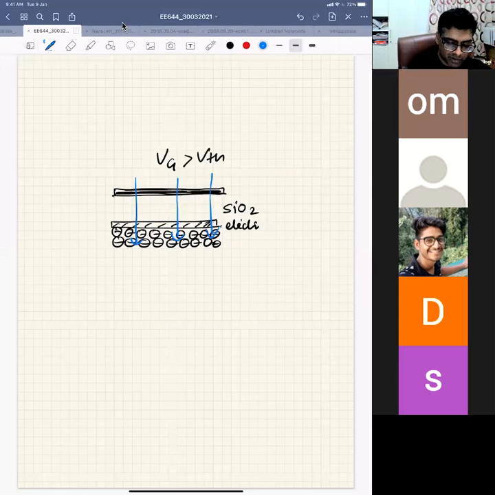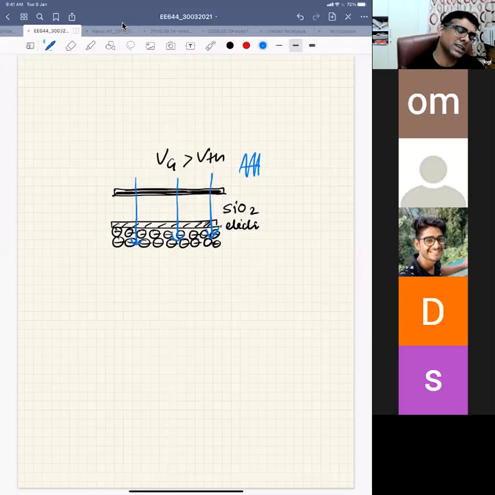Because if you are perturbing VG, your electric field magnitude also increases or decreases, but it will still be positive. But in accumulation case, your electric field is in the opposite direction, so it is negative. That magnitude will increase or decrease, but that field will be negative, right?